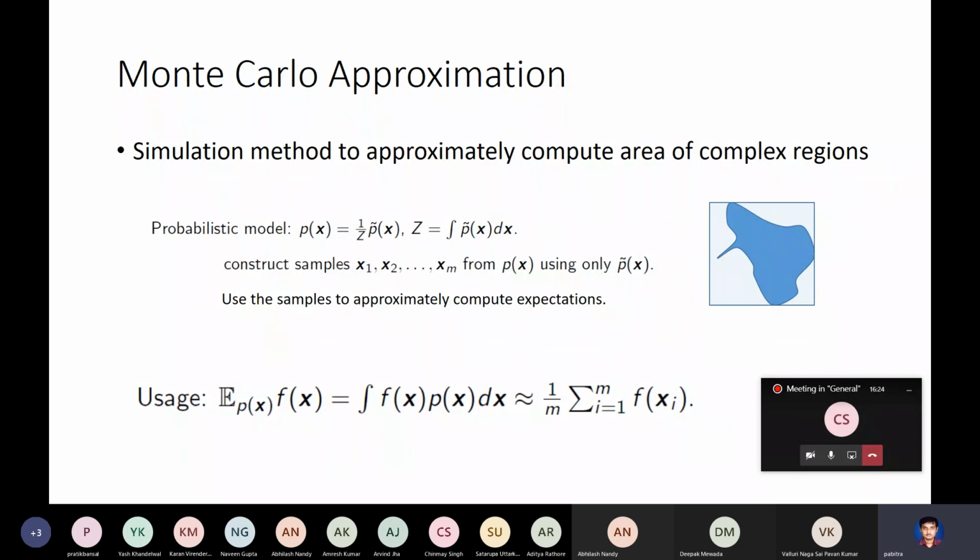This is the theorem which says that this kind of sampling based inferencing will work if you have a large number of samples. So this forms the basis of Monte Carlo approximation techniques.